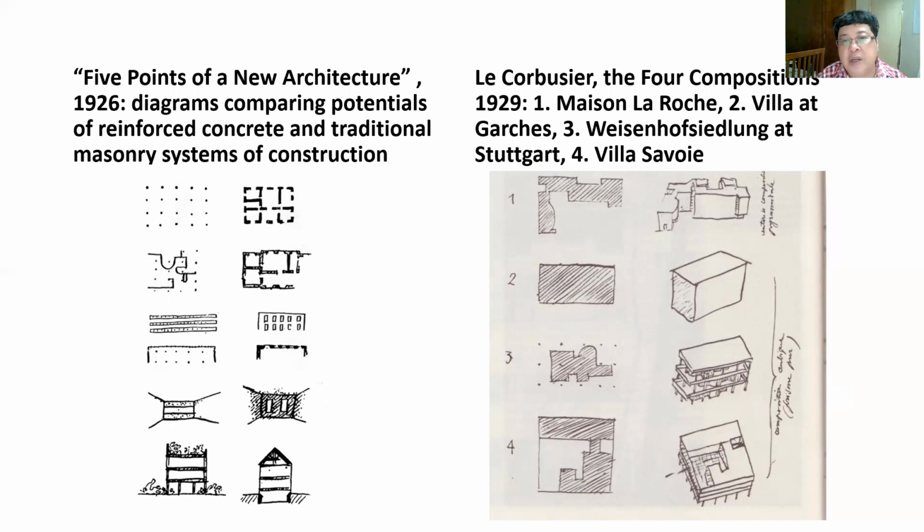And he did 4 compositions in 1929 of the different villas: La Roche, Garches, Weissenhofsiedlung, Stuttgart, and Villa Savoye, and he compared them and how they were developed like prototypes of buildings.